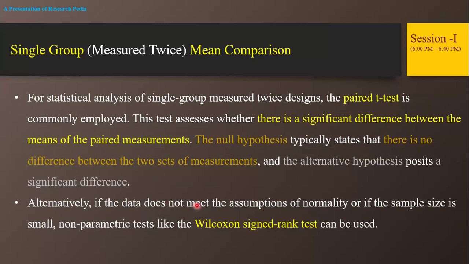Alternatively, if data does not meet the assumption of normality, or if its sample size is small or non-parametric, then we need to choose the Wilcoxon signed rank test. So there are two tests. One is the paired t-test and one is the Wilcoxon signed rank test. So if your data is normal, you need to choose the paired t-test, and if your data is not normal, you need to choose the Wilcoxon signed rank test.